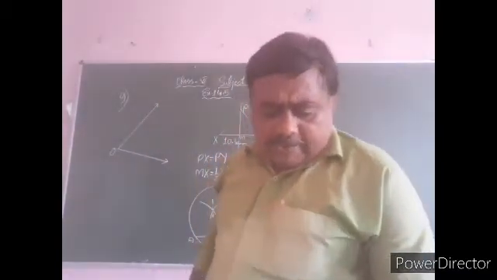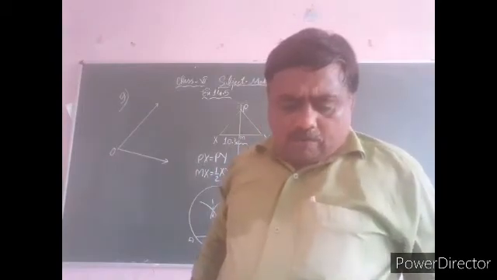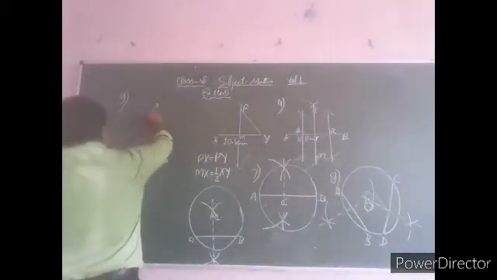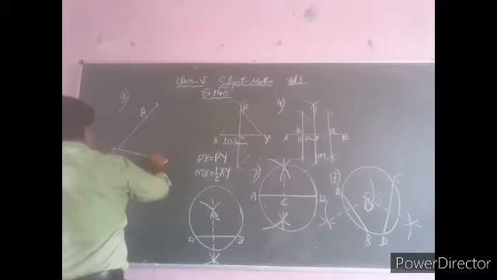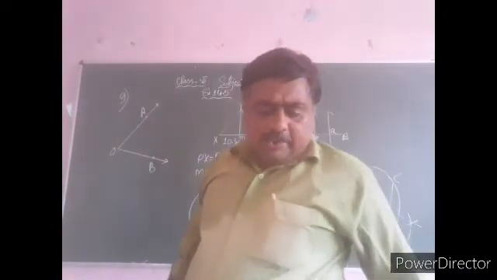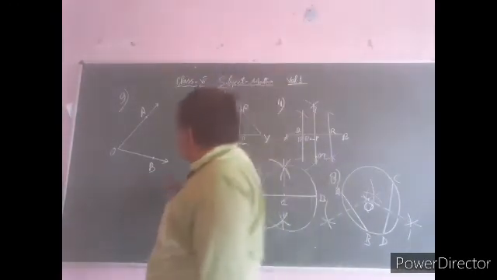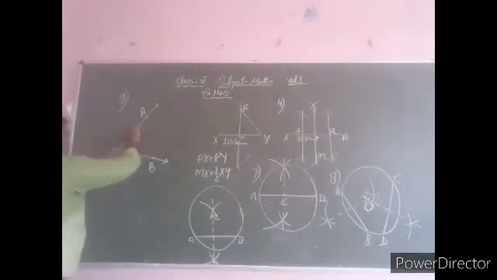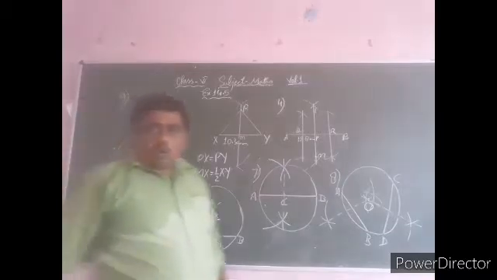Now take A on one of its arms and B on another arm, such that OA is equal to OB.